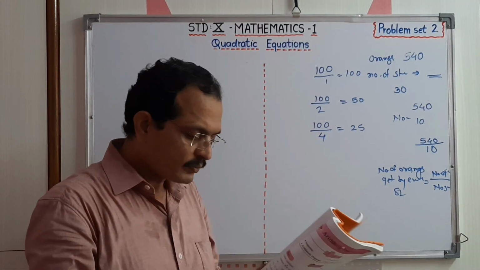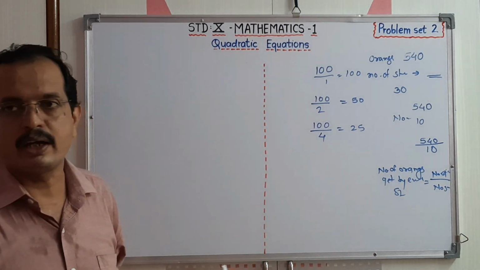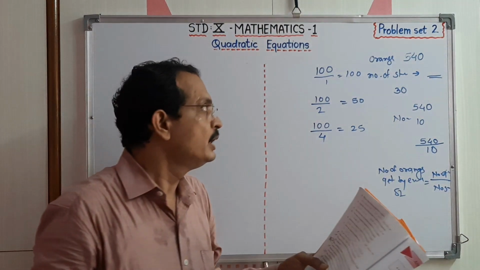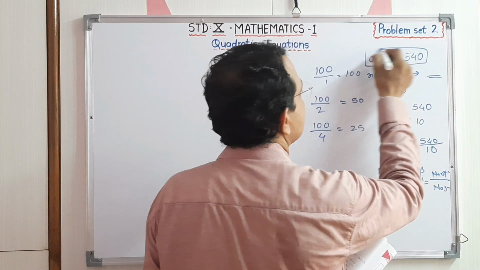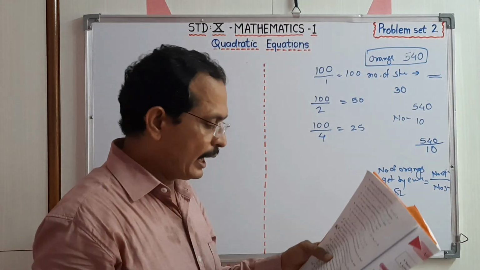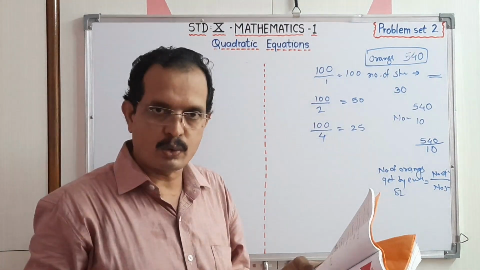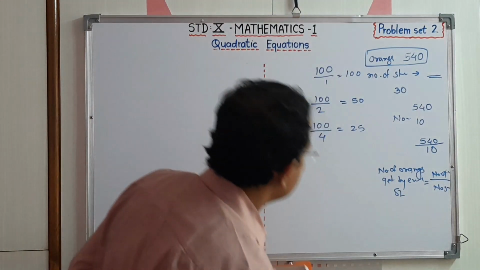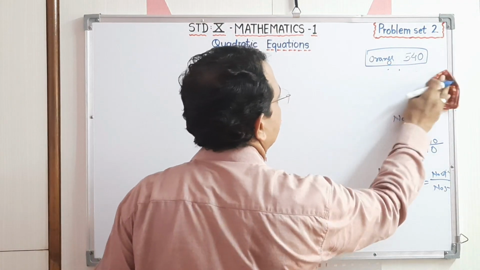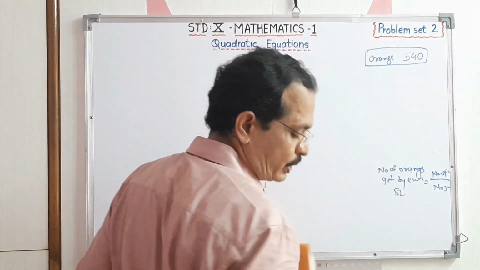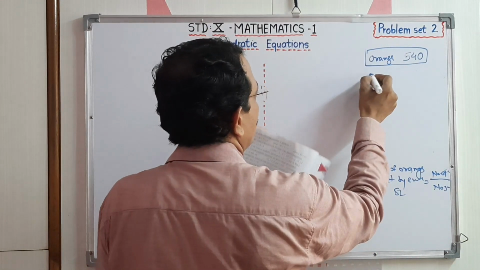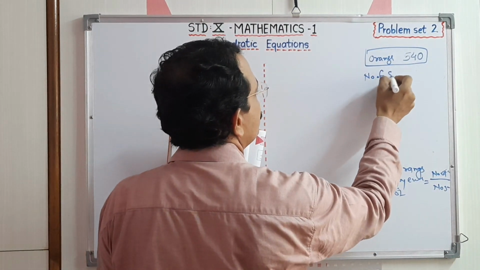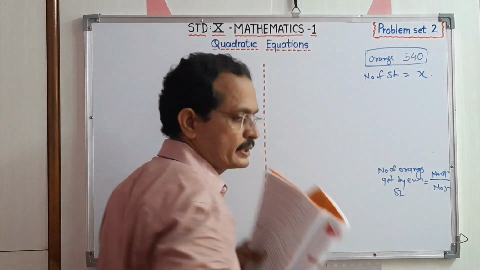Now what is given? Ranjana wants to distribute 540 oranges. Total number of oranges is 540 and the number of students is not known, that means some students are there. Now we have to assume, let the number of students be x.